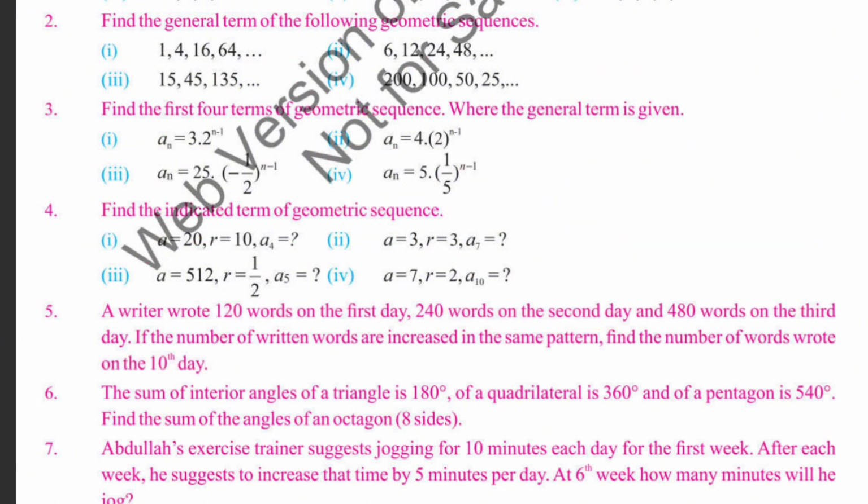Next question number 6. Here is 6. First we read question number 5. Sorry, 5 also right here, and now question number 6. The sum of interior angles of a triangle is 180 degrees.